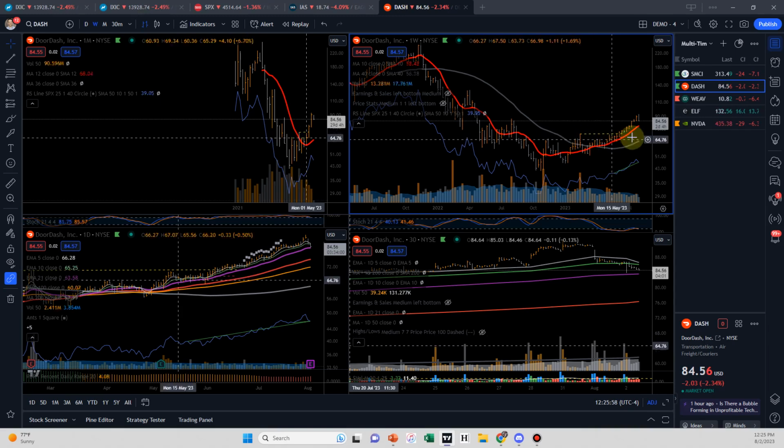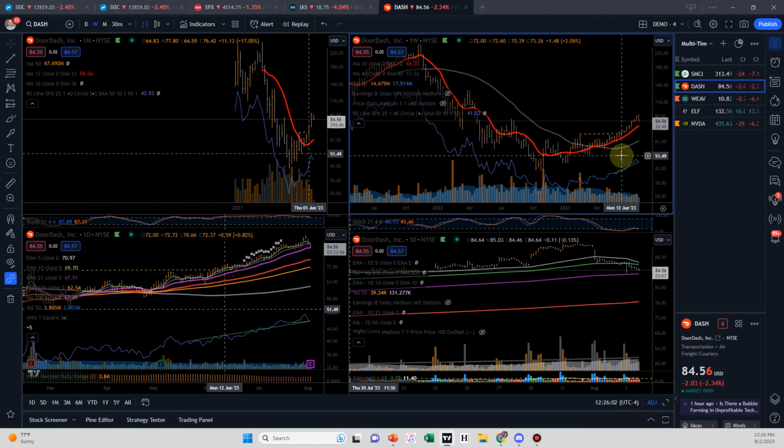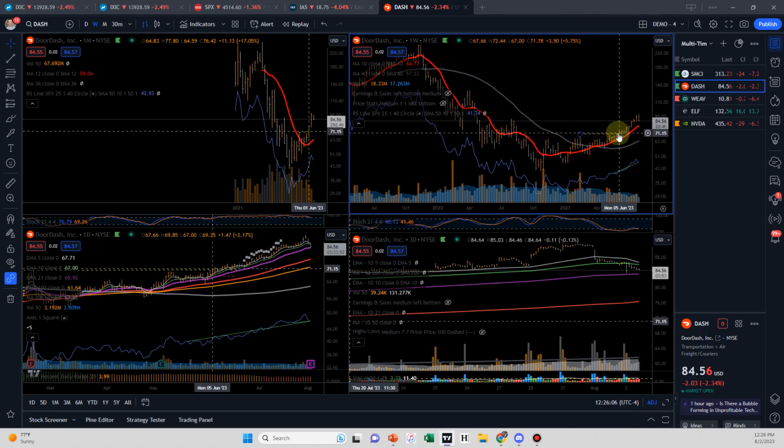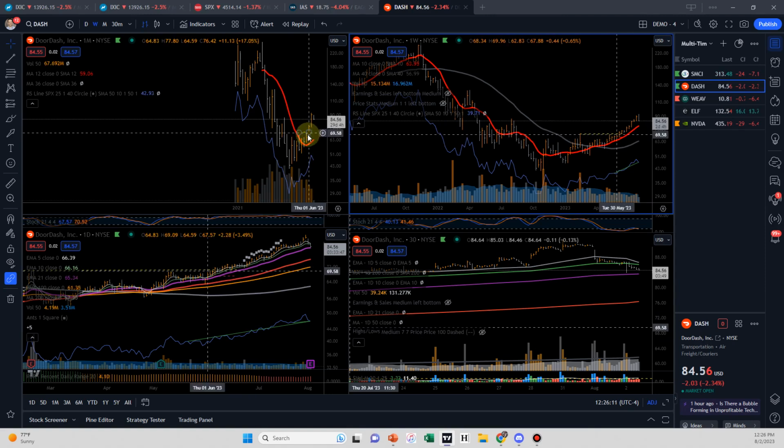Now, this breakout is a rare one. And the reason why I say that it's rare is because you have it breaking out not just on the weekly, the daily, and the 30-minute, but it's also breaking out over here on the monthly time frame.